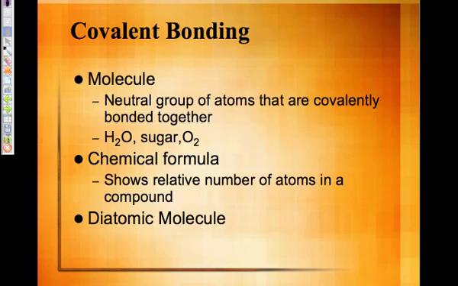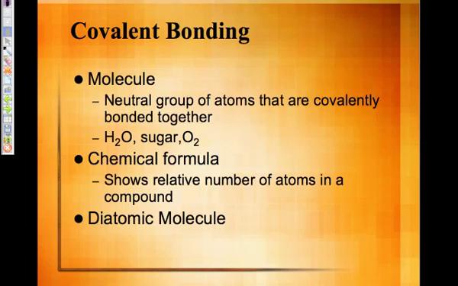Or you can remember the saying, I brought clay from our new house. Up to you how you want to remember that. But if you ever see nitrogen gas, it would always be N2. Oxygen gas is O2. Fluorine gas is F2. It's not just F, okay?